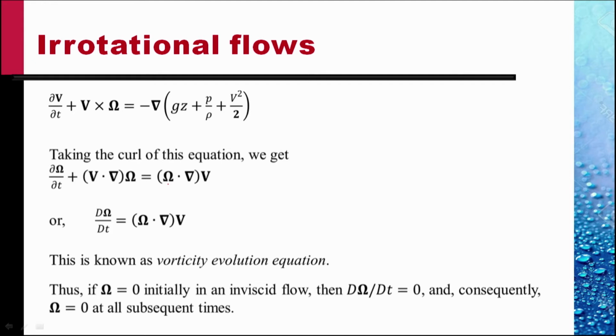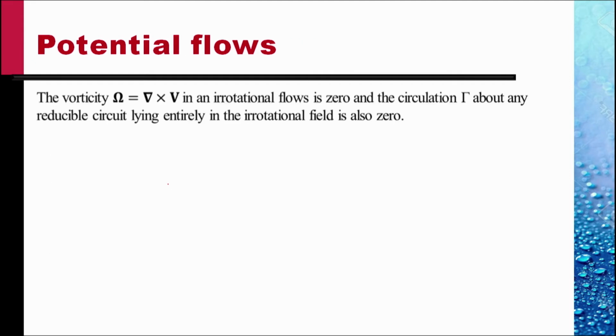That is, an irrotational flow remains irrotational at all subsequent times. The vorticity omega, which is the curl of V, in an irrotational flow is 0, and the circulation gamma about any reducible circuit lying entirely in the irrotational field is also 0.